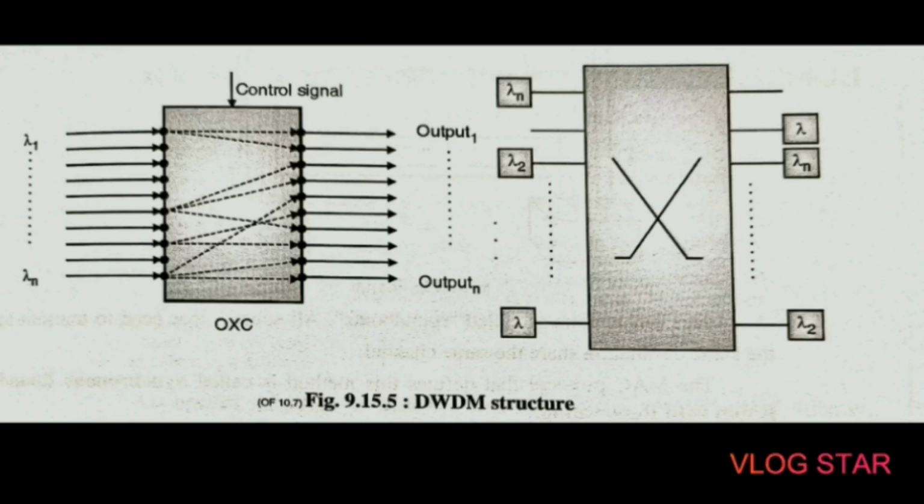It can move through EDFA for amplifying the signal, and at the end of the channel it is inserted into a demultiplexer that separates the different wavelengths into different optic fibers. Okay, so friends, the DWDM system structure consists of transmitters, receivers, EDFA, add and drop, DWDM multiplexers, and DWDM demultiplexers.